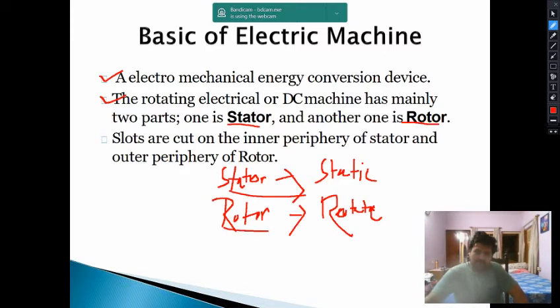And the rotor is housed inside the stator. Let us try to draw the stator and the rotor.